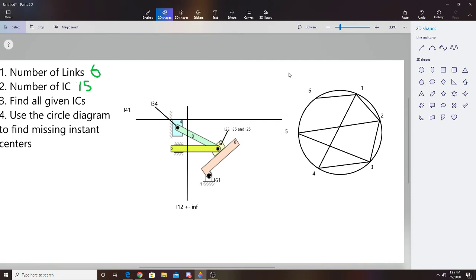Where would it go? Anybody? How would we do I56, which is right here?